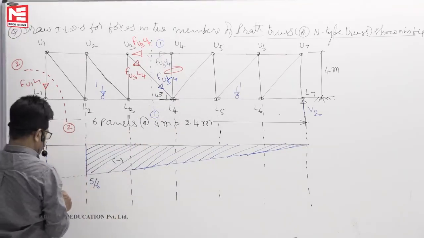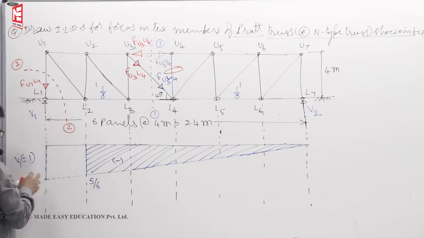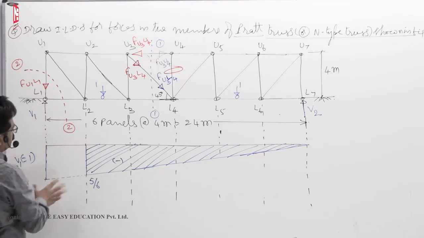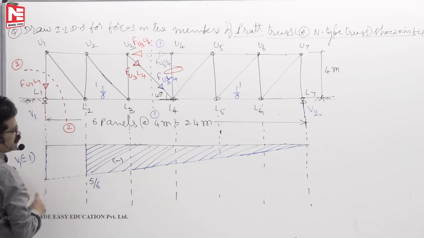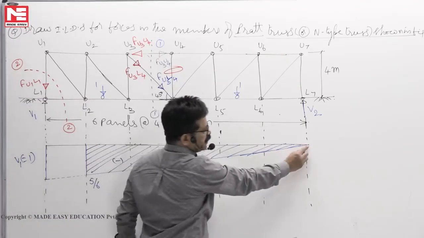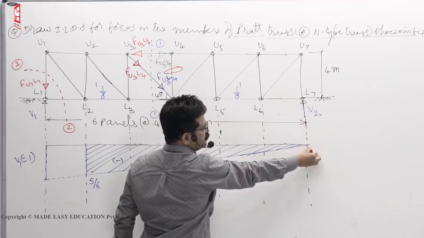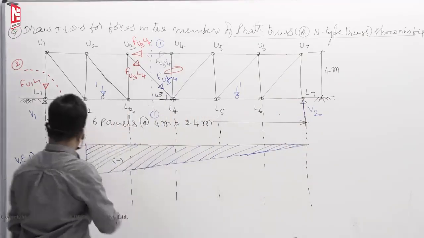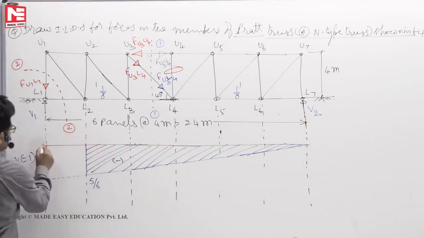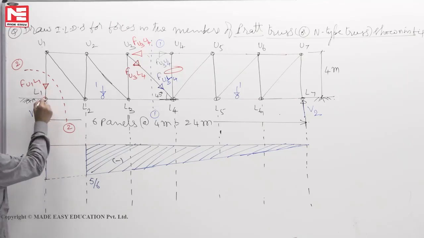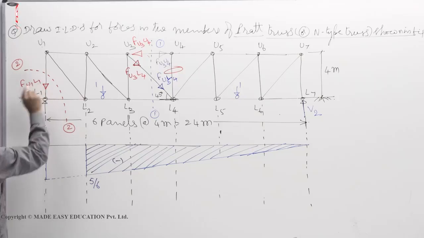Up to here we have done. Next, when the load is somewhere in the disturbed panel, how to connect? This panel, how to connect? See, last panel, you see how you are connecting. When the load is exactly at the support, the influence is always 0. So is the case here, influence is always 0. When the load is exactly at the support, force in the member U1, L1 is 0.